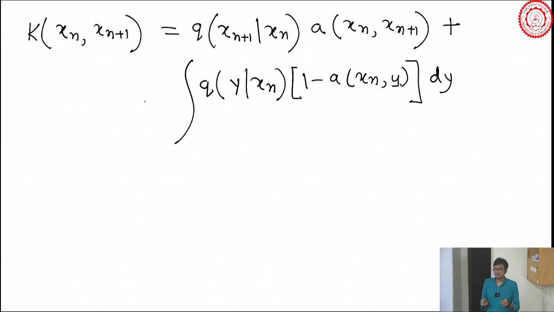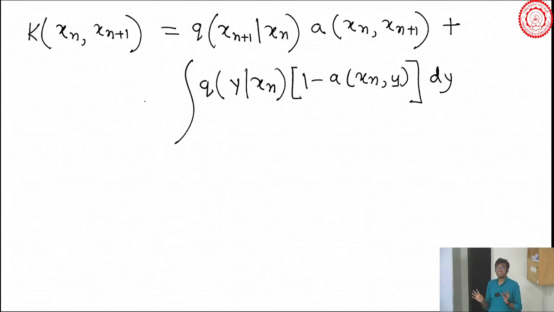So I'll repeat: it is aperiodic because there is a finite probability with which you are rejecting. It is irreducible because your proposal is Gaussian. And last and most important, I'll do that; it will probably take 5-10 minutes and then I'll stop.